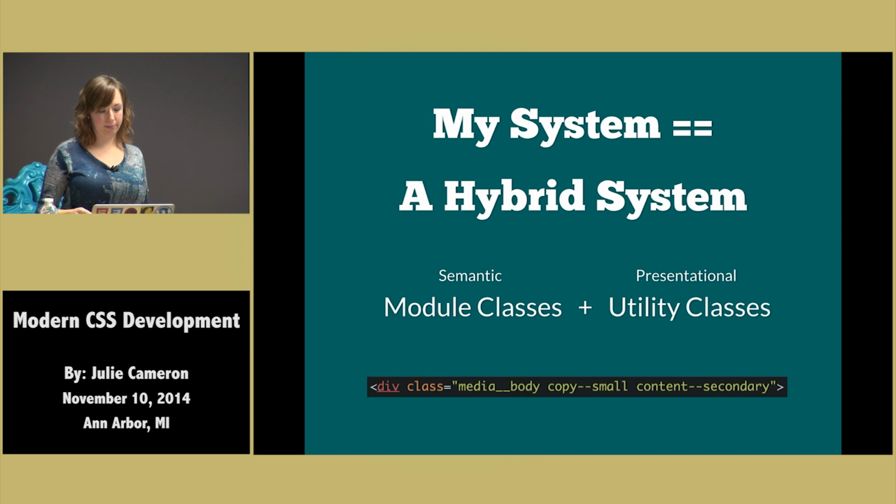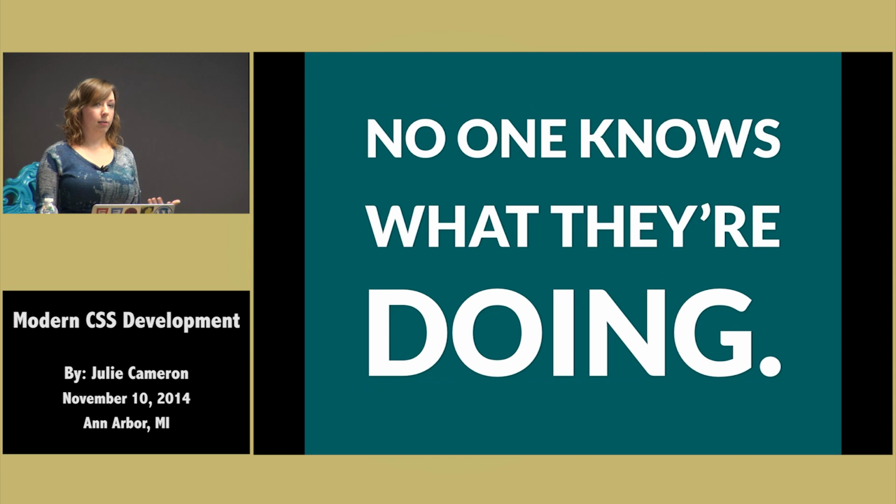So that's my preference. But ultimately, if there's a single thing that you should know about these best practices and about modular CSS in general, it's that seriously no one knows what they're doing. No one knows at all. These concepts are still fairly new in CSS.